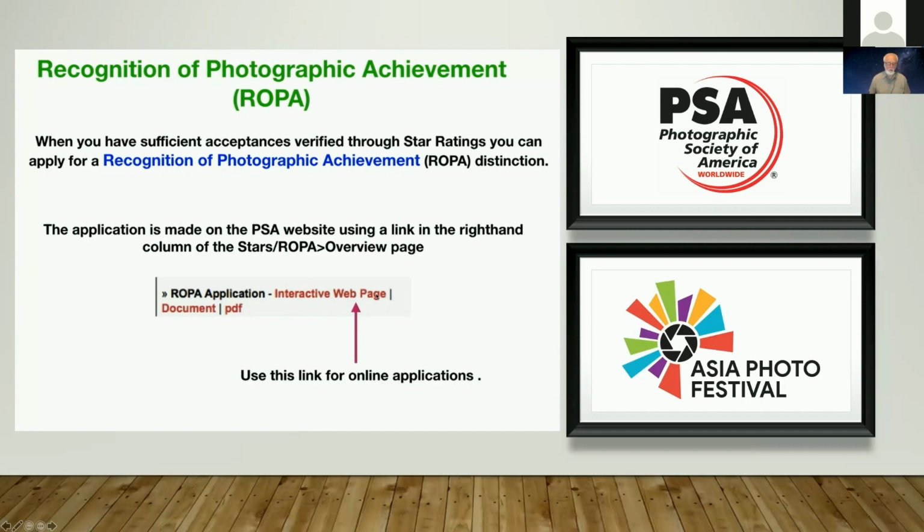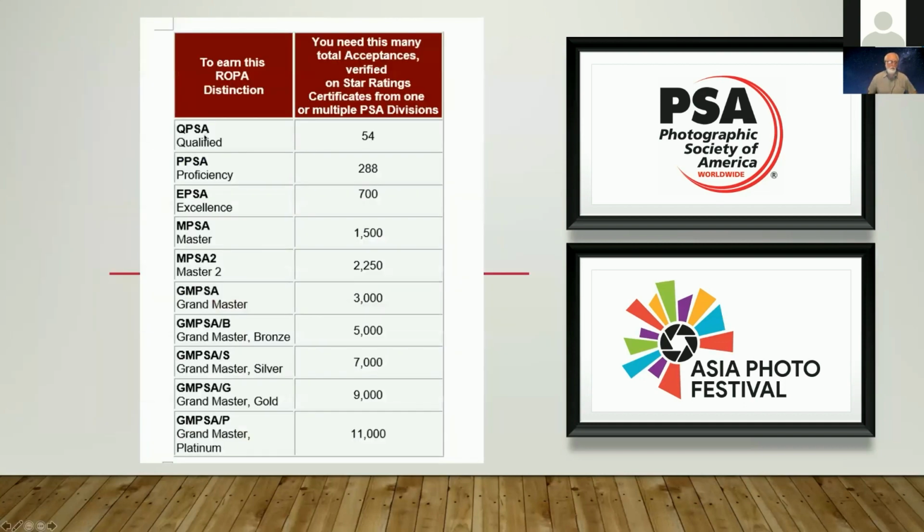So you just click on that link and that will take you to a page where you put in your name and your PSA membership number and so on, and details about your acceptances. And you'll see on that page this summary that starting with QPSA, just 54 acceptances, that's all that's needed.